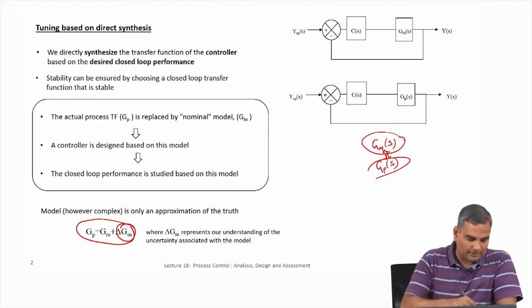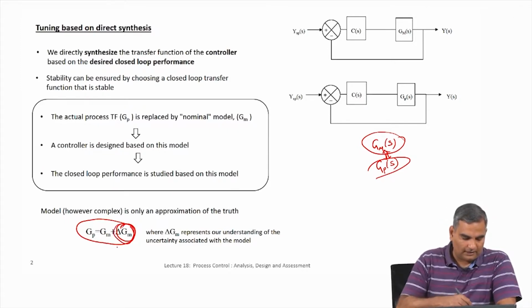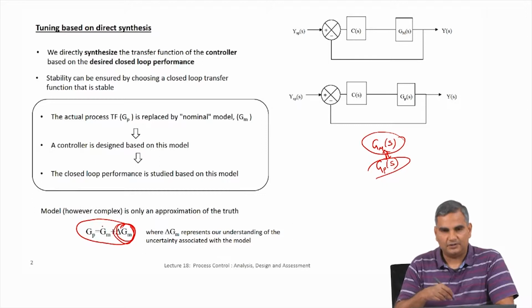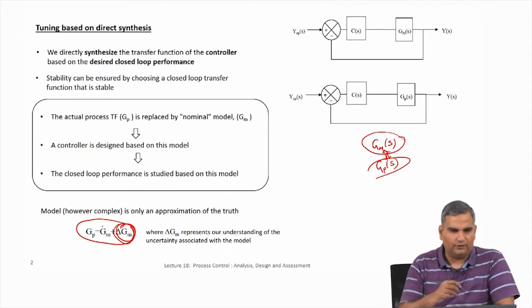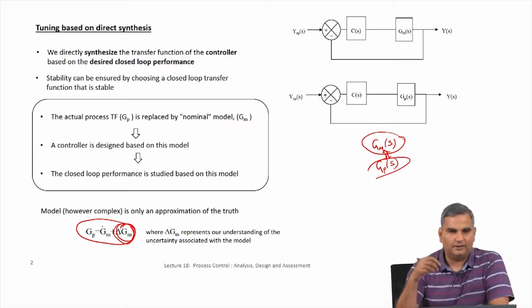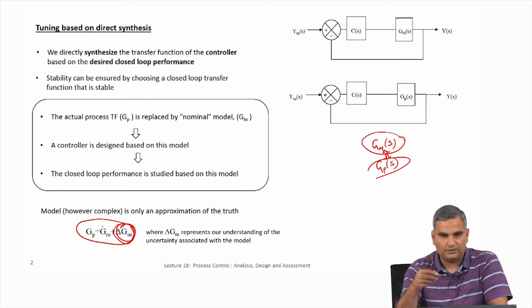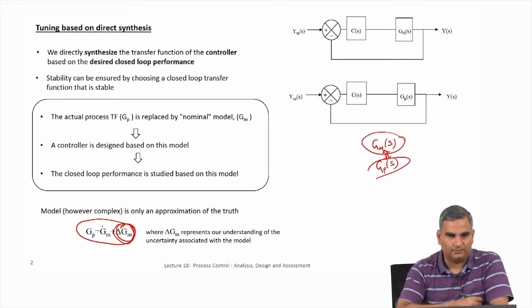This is not captured, this is unknown, and hence there is always going to be a difference between GP and GM. We have to account for it, and there are very mathematical and theoretical ways of accounting for it, which is the field of robust process control, which we are not going to talk about here.